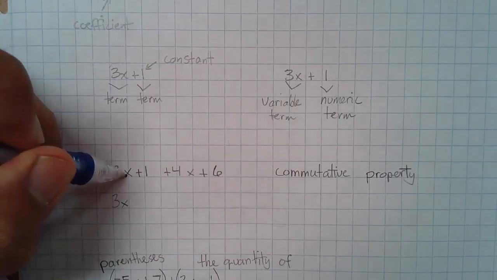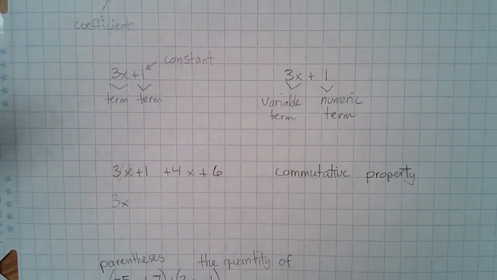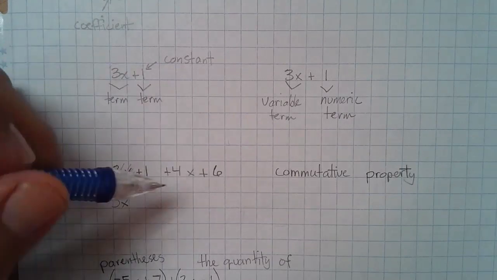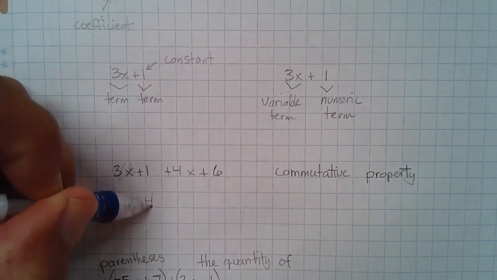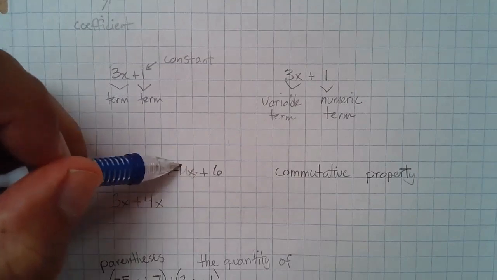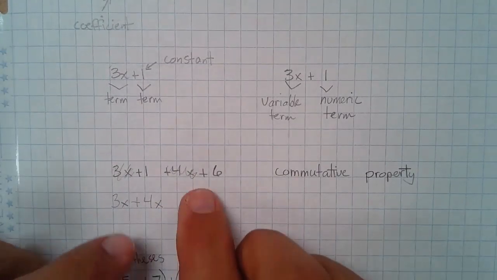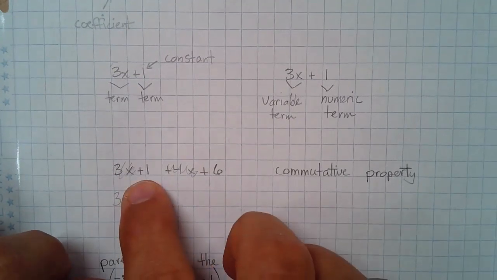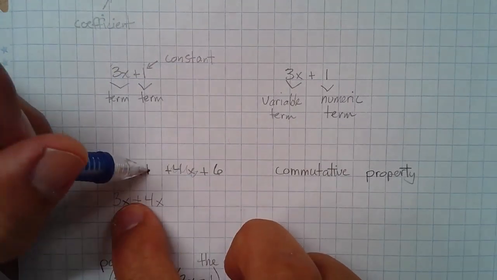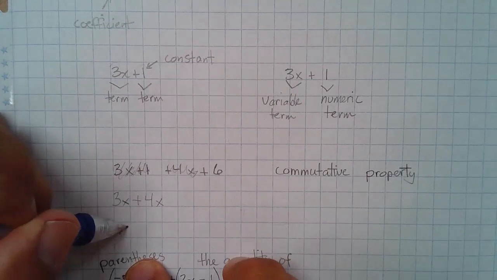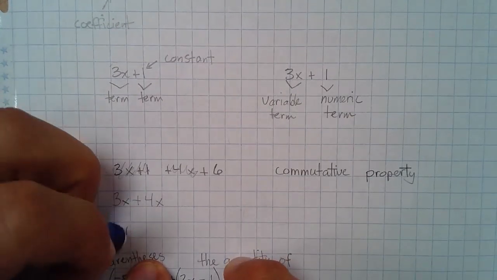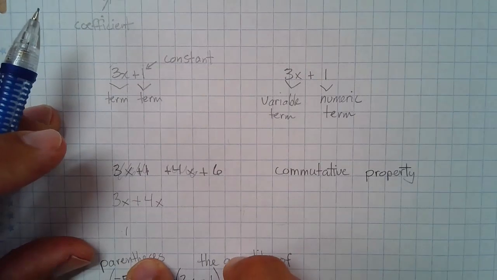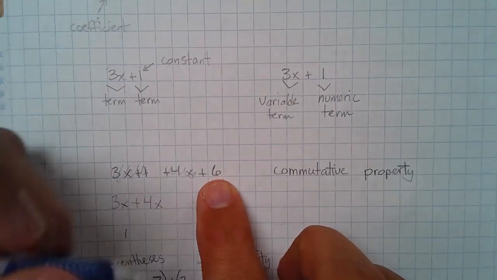So I have the 3x here and I'll scribble this out, and the 4x, I'll add 4x and scribble that out. Then I have the plus 1 right here. Or I don't have to write plus 1, I could just call it 1. And plus 6. That's done right there.